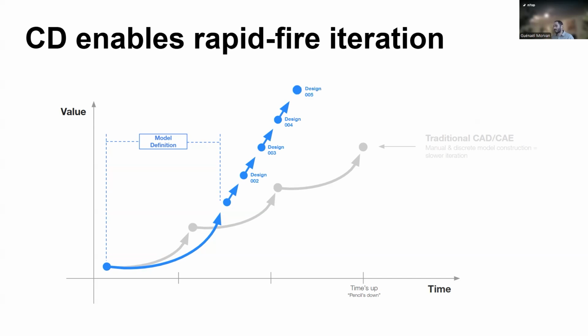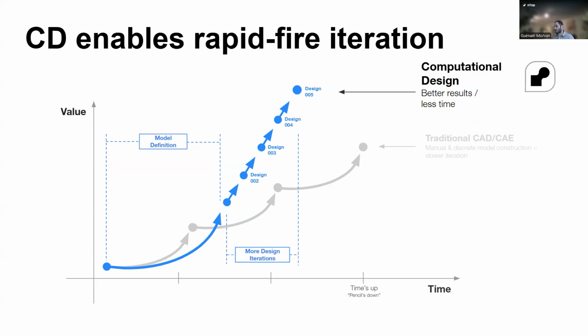And that gives you at the end the design that is optimal for your application. And all this design iteration work is a lot more efficient than with traditional tools. So that's how you get better results basically in less time.